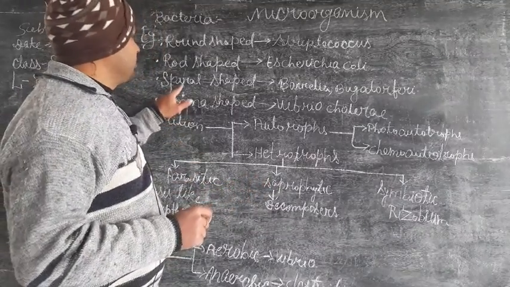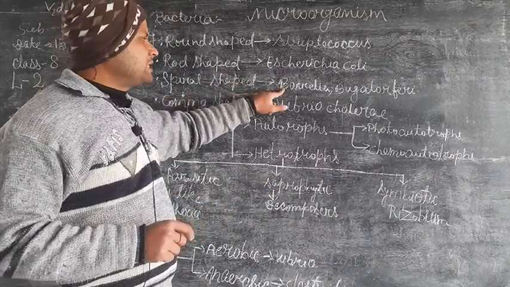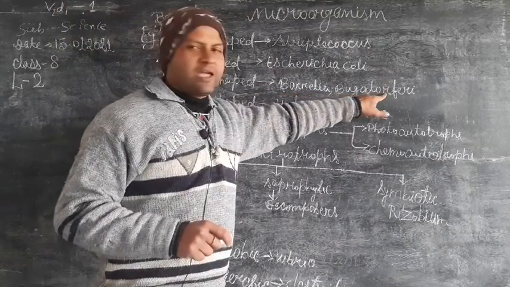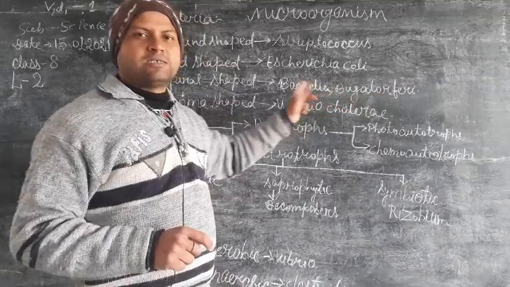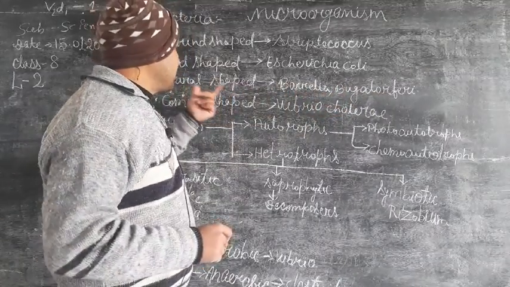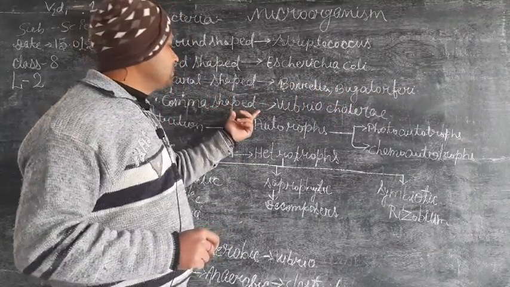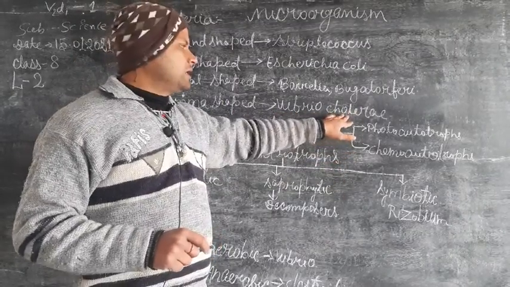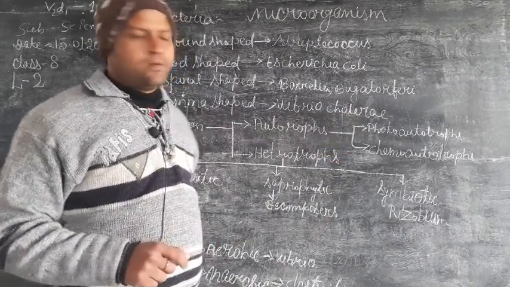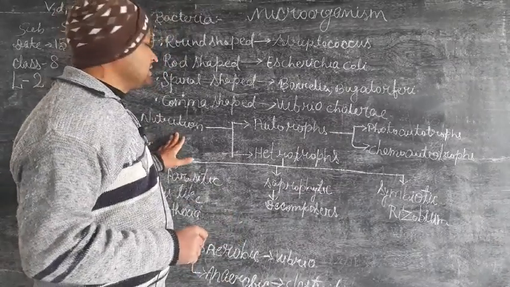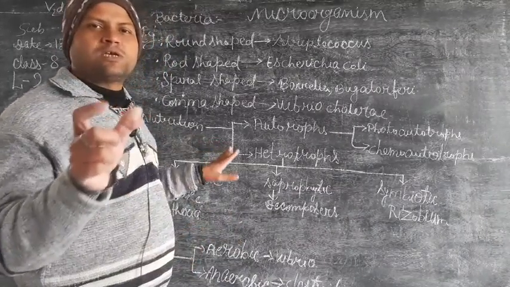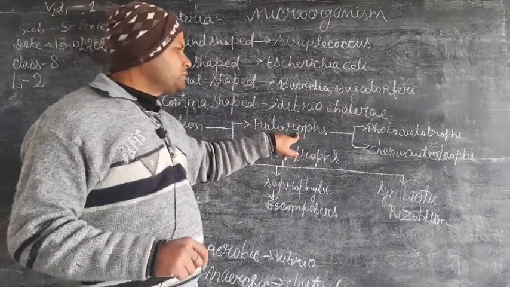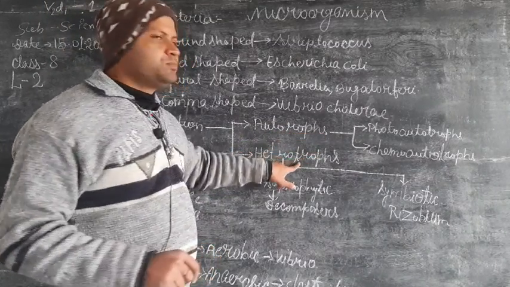That of spiral shaped bacteria is Borrelia burgdorferi, and coma shaped bacteria is Vibrio cholerae. Its singular is cholera. And nutrition: there are two types of nutrition found in bacteria, autotrophs and heterotrophs.